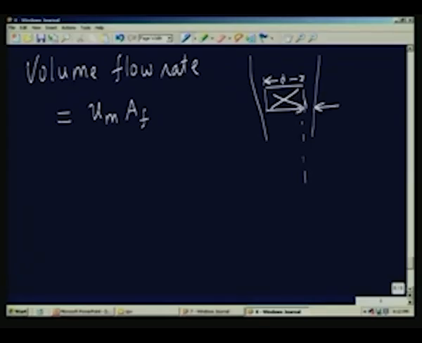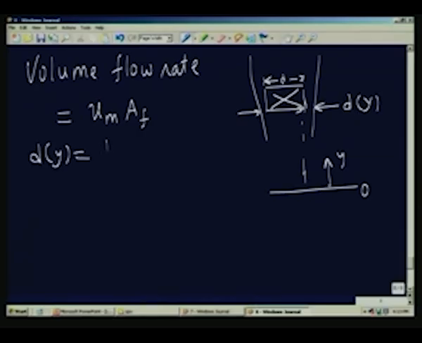So I can say that if the local diameter is D, which is a function of y, y is measured from the bottom from some datum, d at y is equal to, let us say, d plus some a y, where a is called the taper parameter.